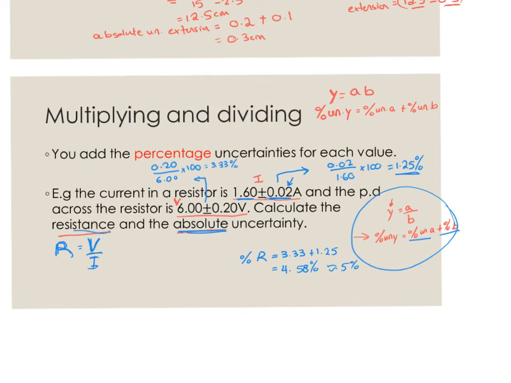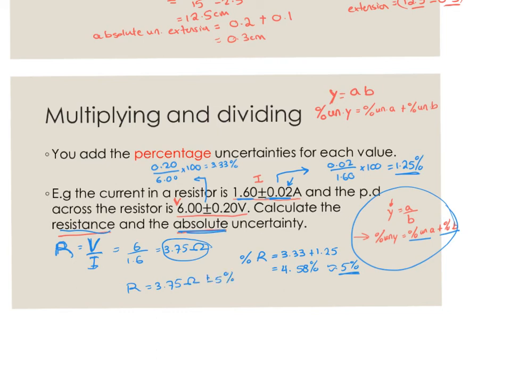so I can get a better absolute uncertainty after. It told me to calculate the resistance too, which is 6 divided by 1.6. This gives you 3.75 ohms. And now we need to calculate, so since we know the actual resistance value, I need to find out, and I know it's percentage uncertainty, so far I know that R is 3.75 ohms plus or minus 5%.